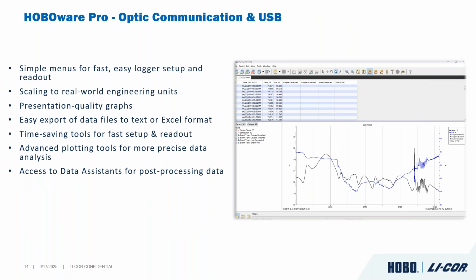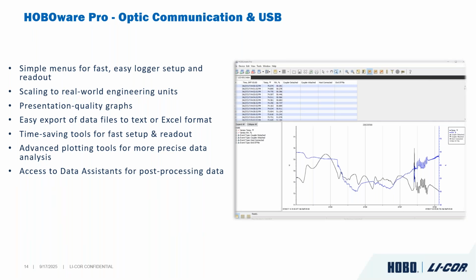Depending on which logger you decide to go with, you will need to use the respective software. Here we are talking about the HOBOware Pro software, and this is used with all of our optical and USB loggers. Again, those U series. You're going to get simple menus for fast and easy logger setup and readout.